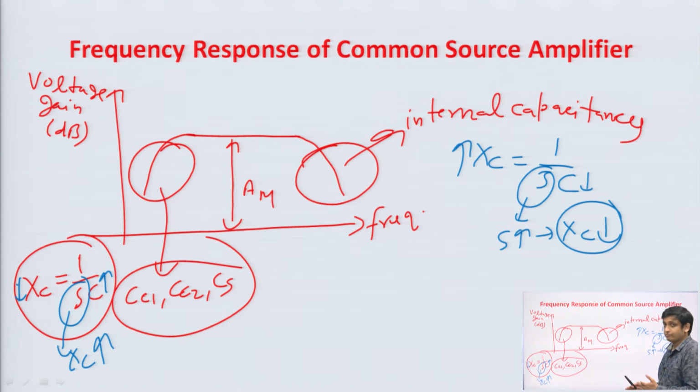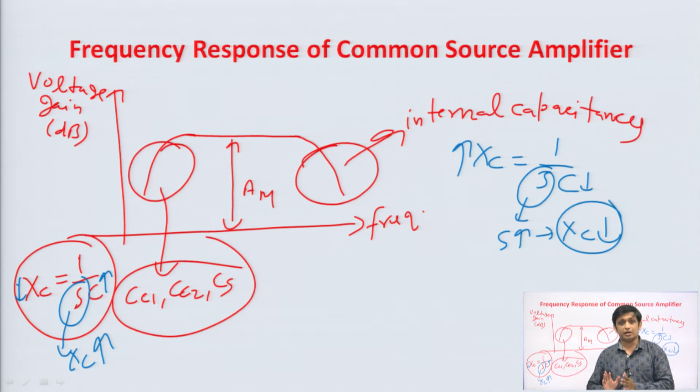And obviously, for any amplifier at high frequency the gain will be reduced, because if there is a transistor, whether MOSFET or BJT, there will be internal capacitances, and due to internal capacitances the gain will be reduced at high frequency. The frequency may be higher, maybe 1 megahertz, 10 megahertz, 100 megahertz, but the gain will reduce at high frequency, because the internal capacitances will be there in the device.